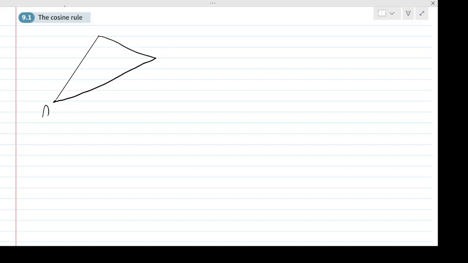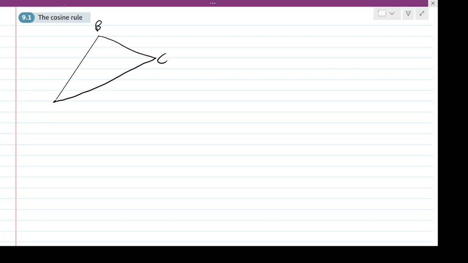But first we're going to look at the cosine rule, and this is if we have any triangle, any general one, say a non-right angled triangle, could be right angled, but generally a non-right angled triangle with points A, B, and C. So a general triangle.